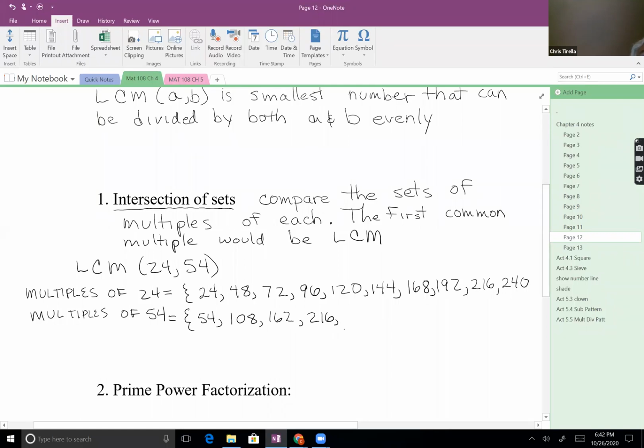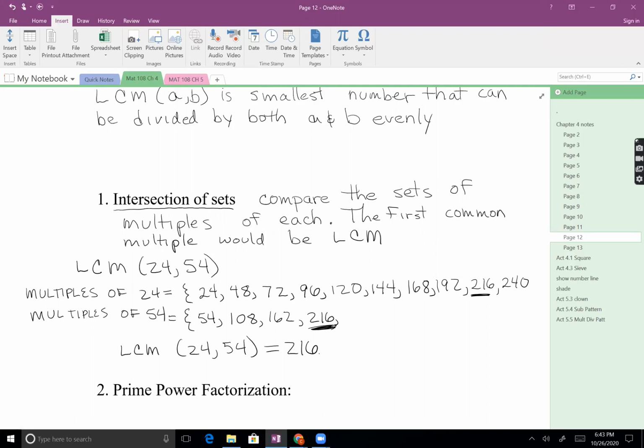Does anybody notice anything? Oh, 216. Bing, bing, bing, we got a winner. It's the lowest. So we'll say that the least common multiple of 24 and 54 is 216. That method, all right.